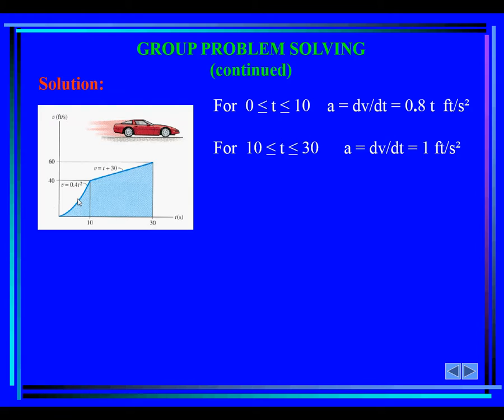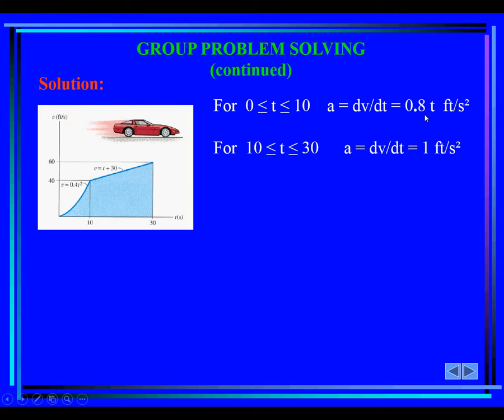That would be the acceleration in there. So if this is the plot of the velocity change, the derivative of that, dv/dt, becomes 0.8t.